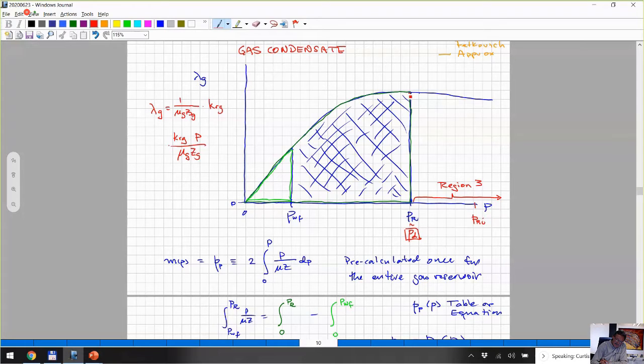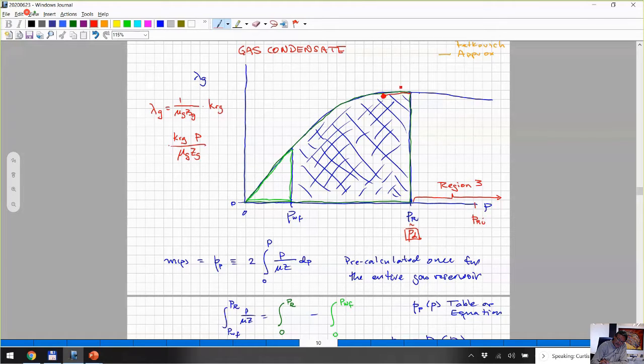And so what's going to happen below the dew point in region 2, there's not that much condensate buildup, so the KRG is going to go down, but it's below the critical saturation. So it's going to drop down some, but not very much. So I'm going to just draw it like this. And then we reach that 47 barrels per million, and we leave region 2.